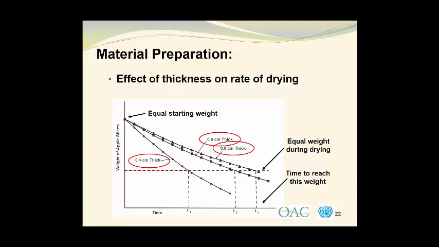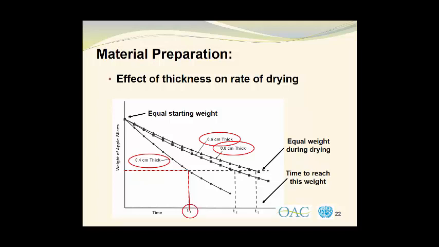We'll draw a horizontal line that follows the black dashed line across until it intersects the curve for the 0.4 centimeter thick apple slices. Then we'll drop a vertical line down until it hits the horizontal axis, which will give the time taken to reach that moisture content. Since we don't have any actual moistures on this graph, we will simply call this value T1.